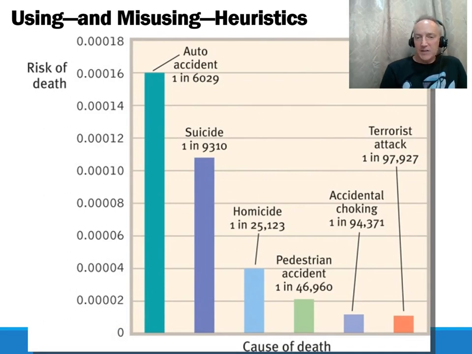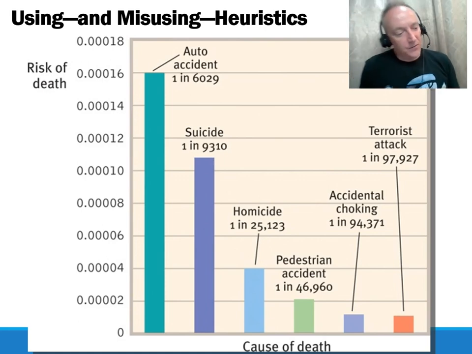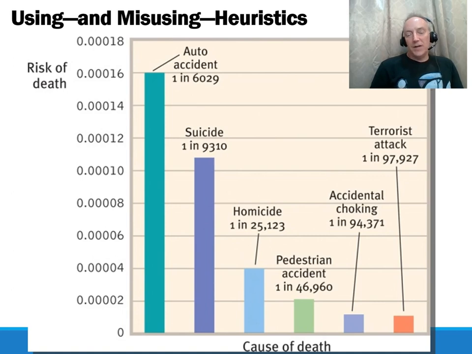Here is some data from another study that was done shortly after a highly publicized terrorist attack. And they asked people shortly after that attack, what do you think is your risk of traveling to the Middle East right now?